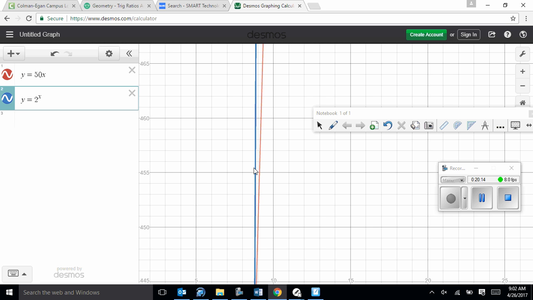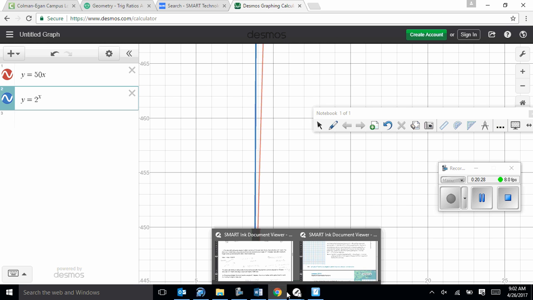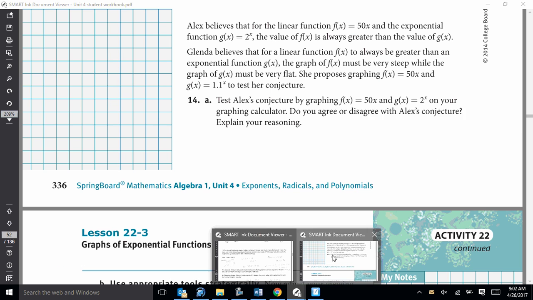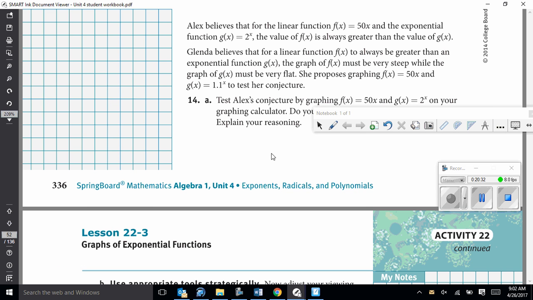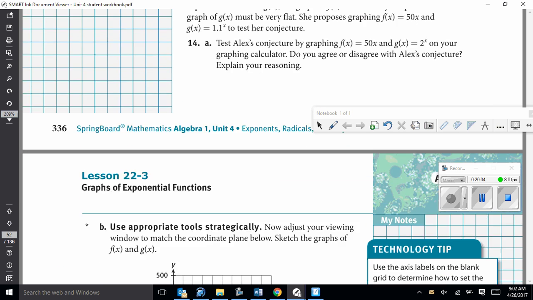So, is Alex correct? Is his conjecture a good one? No, we just disproved it. f of x is not always greater than 2 to the x. All right, so now we need to look at Glenda and her reasoning.